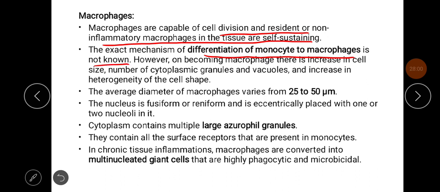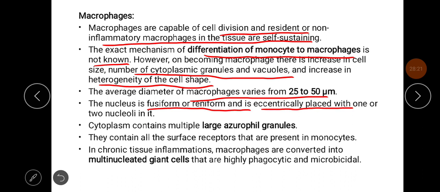However, on becoming a macrophage, there is an increase in cell size, number of cytoplasmic granules and vacuoles, and increase in the heterogeneity of the cell shape. The average diameter of a macrophage is around 25 to 50 microns. The nucleus is fusiform or reniform and is eccentrically placed with one or two nucleoli in it.